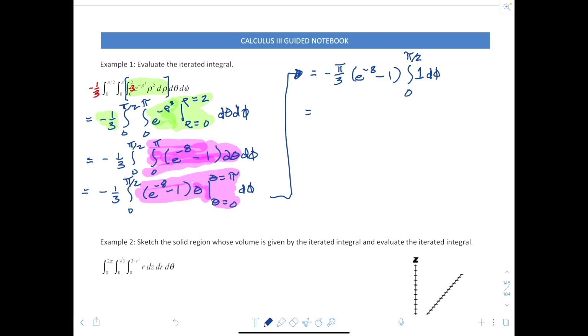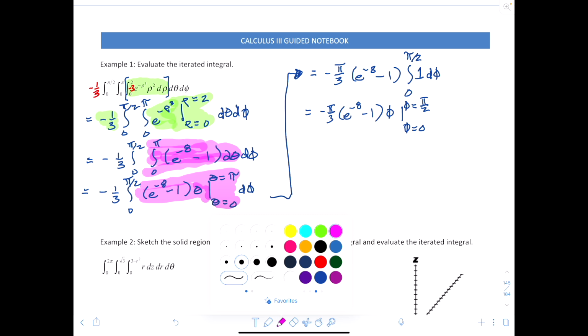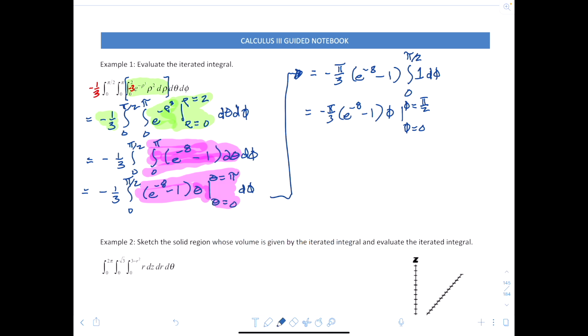Again, all that's a constant, right? So we'd get negative pi over 3 times e to the negative 8 minus 1, and then we'll end up with a phi, and phi is going from 0 to pi over 2. Again, that lower limit of integration will zero out. Here is what we found: this integral here is this right here, and we had our constant going along for the ride.